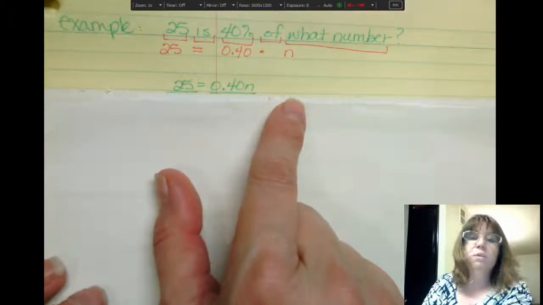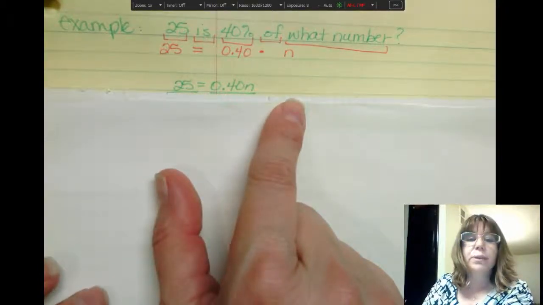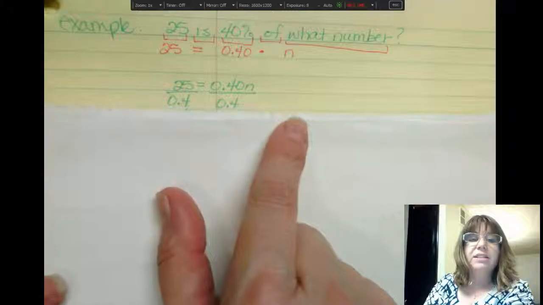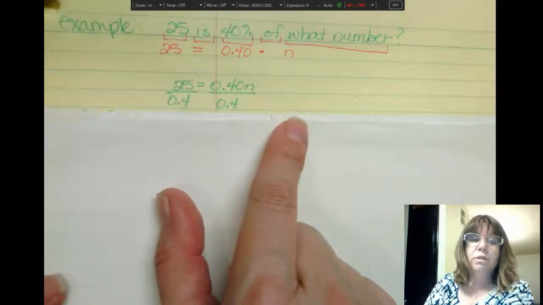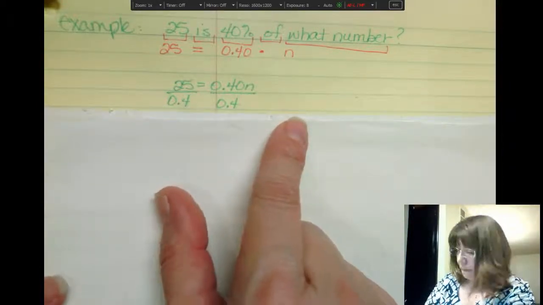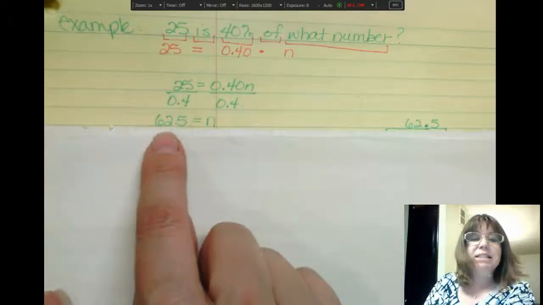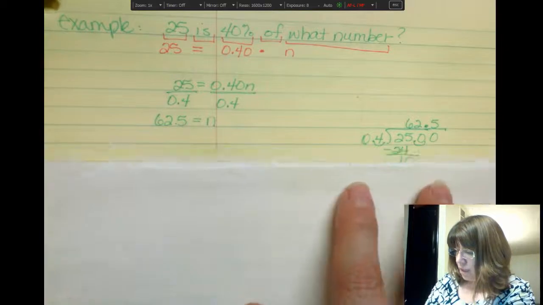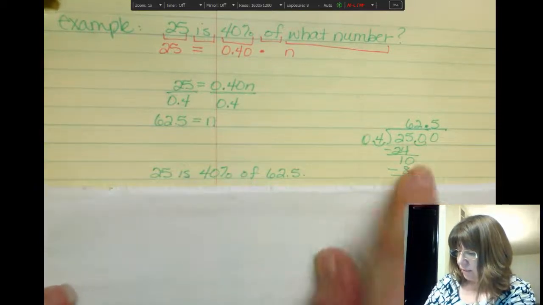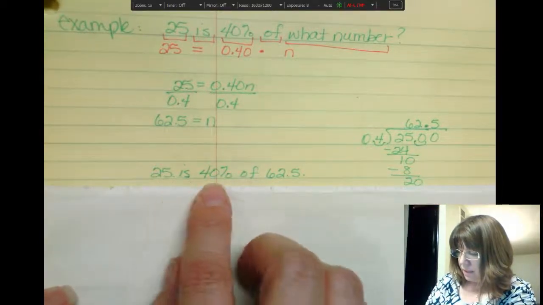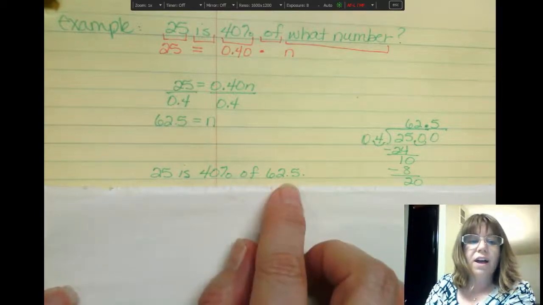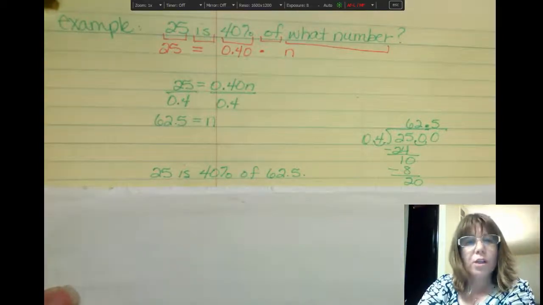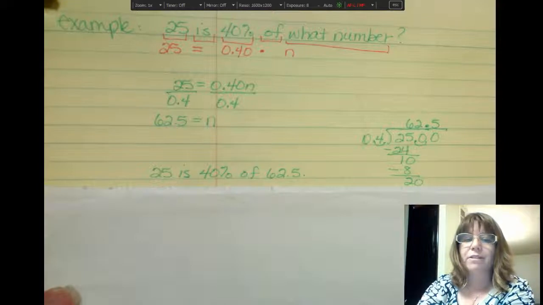We have 25 equals 0.40n. Divide each side by 0.40 or 0.4. And our solution is 62.5 is n. So when you think about it, there's our division. 25 is 40% of 62.5. So that's all three types of problems worked out.